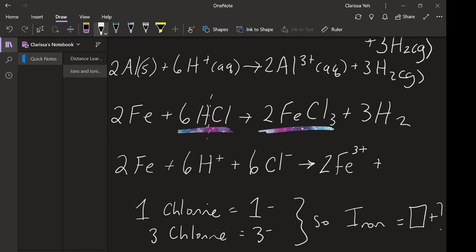And then my hydrogen, oh, sorry, I forgot my chlorines. Because there's 2 lots of 3 chlorines, how many total chlorines do I have in this section here? I have 3 lots of 2 chlorines. Think back to just counting atoms. How many chlorines do I have? Six chlorines, and they're all with 1 negative charge, and leaving hydrogen as is.